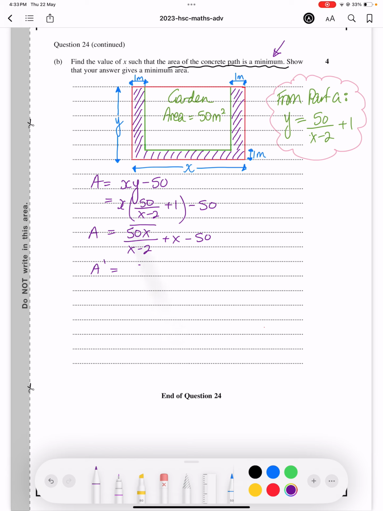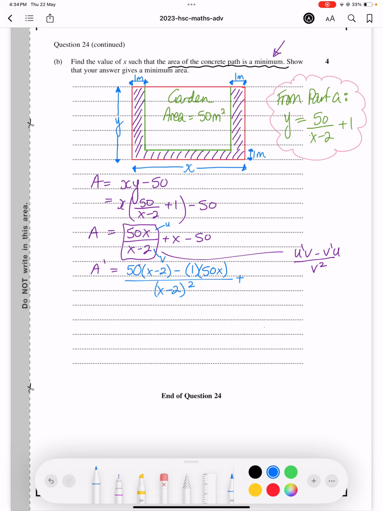Remember, this one here is a fraction, so we're going to need to use the quotient rule. That is u dash v minus v dash u all over v squared. The top is going to be u and the bottom is going to be v. So u dash would be 50, v written as is, minus v dash, which is 1, u, written as it is, all over v squared.